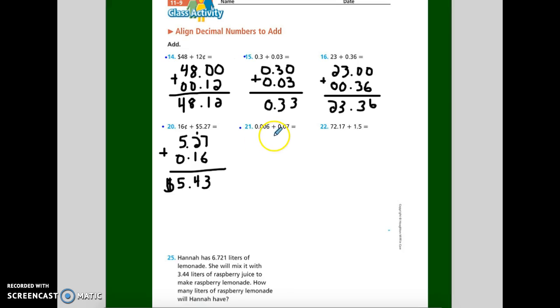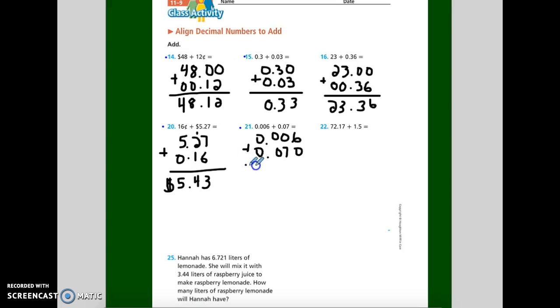All right, let's give it a shot. So I had 6 thousandths plus 7 hundredths. Again, I just add the zeros just to make sure I have my place values held there. And I'm going to go ahead and add them up.